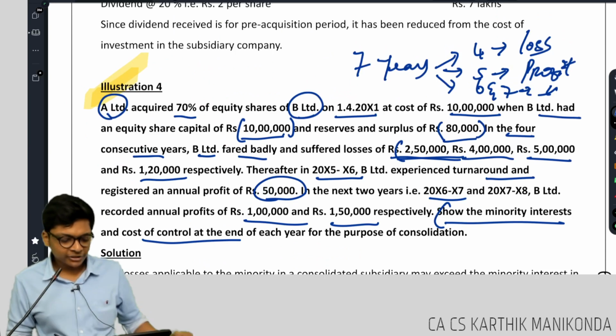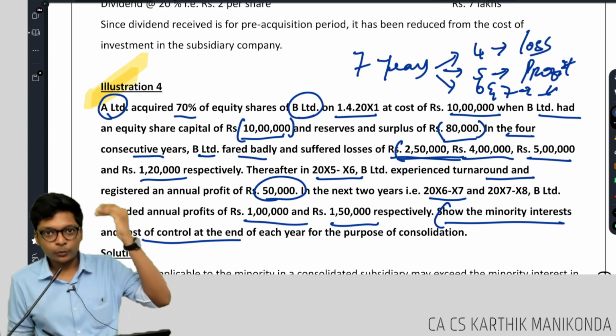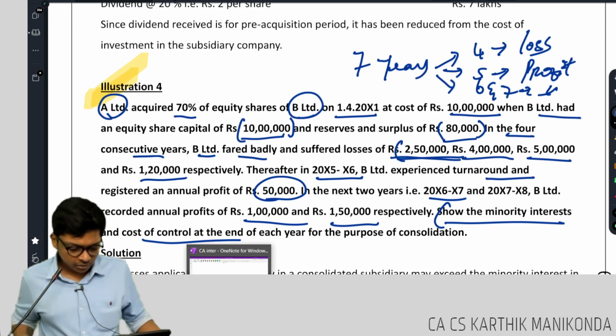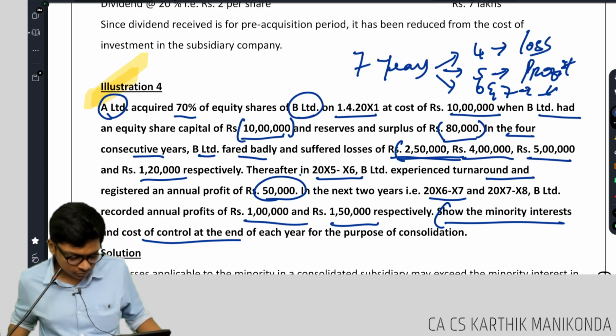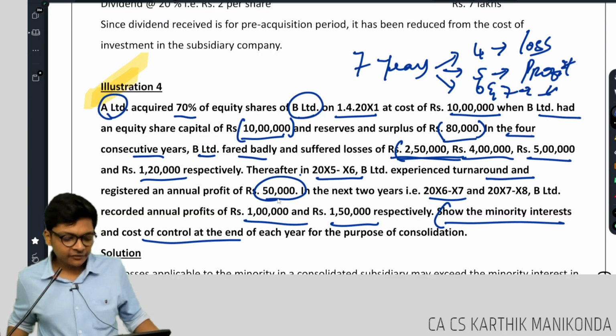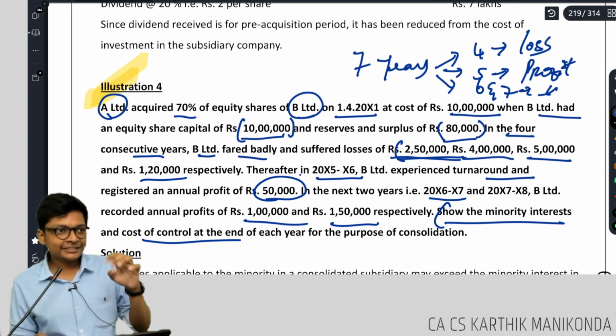Proceed. Go through the question. How many of you understood the question? Any doubt in the question? Clear? Okay. Yes, explain. Page number, illustration 4 of the consolidation chapter.